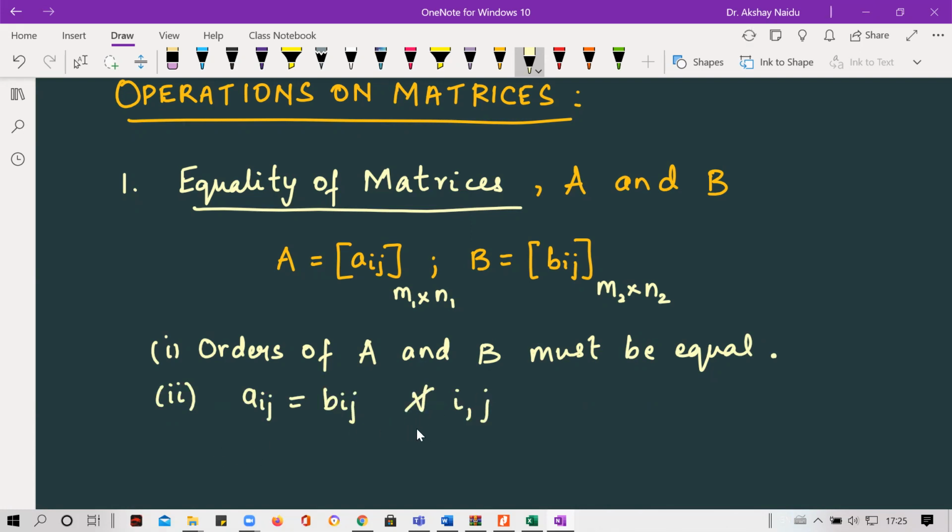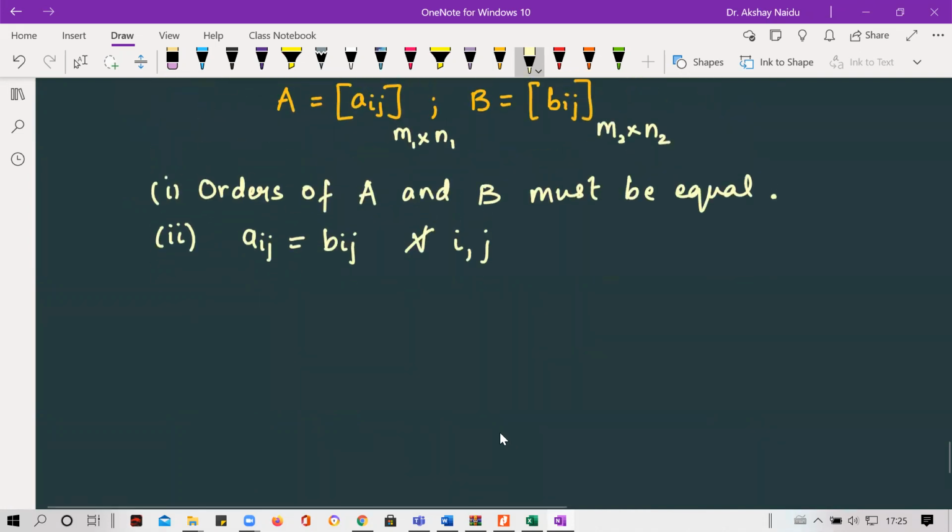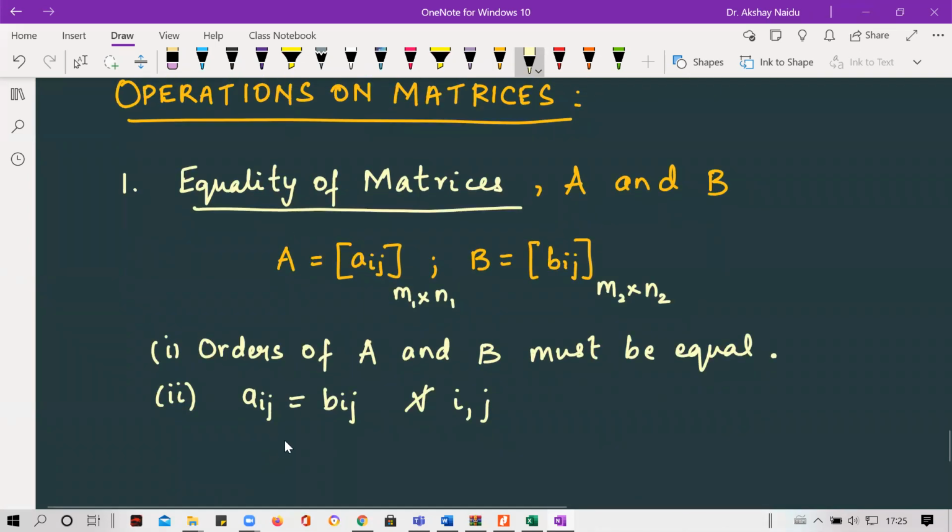This notation is for all, for every. So when I write these notations, Aij is equal to Bij for all i and j. This is the equality of matrices.